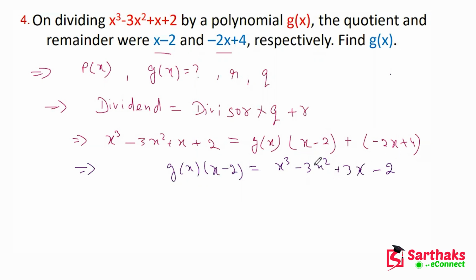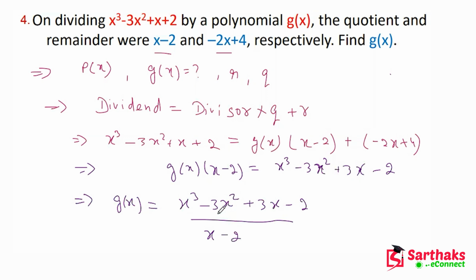So g of x is equal to x cube minus 3x square plus 3x minus 2 divided by x minus 2. If we divide this, then the result is g of x.